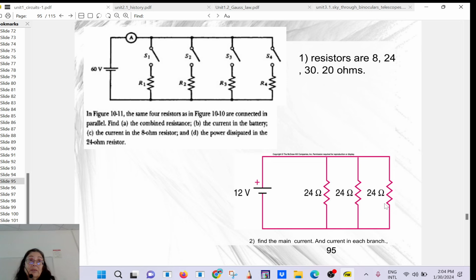Otherwise, you do 24 to the minus 1 plus 24 to the minus 1 plus 24 to the minus 1, and then take the whole thing to the minus 1, and you get 8. Then the main current that you are draining from the battery will be 12 divided by 8, and that current will be divided equally among each of these branches.